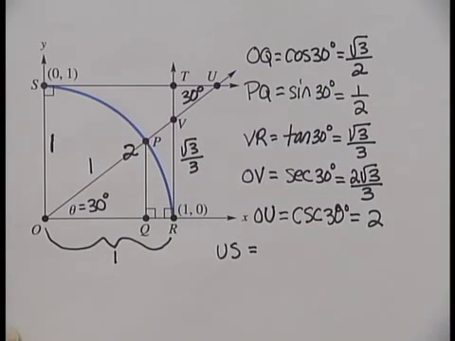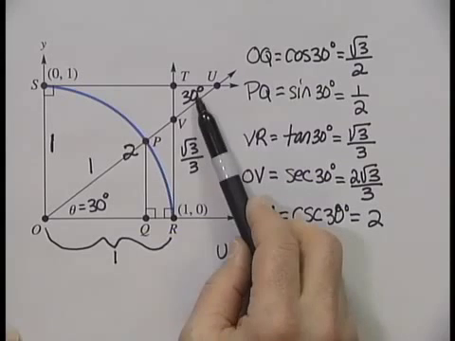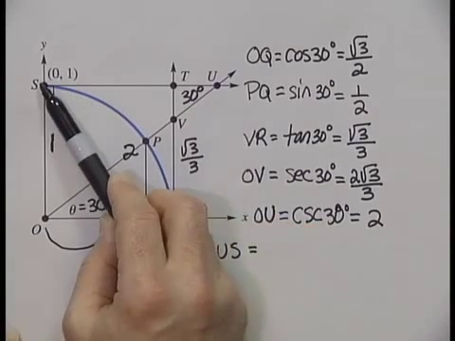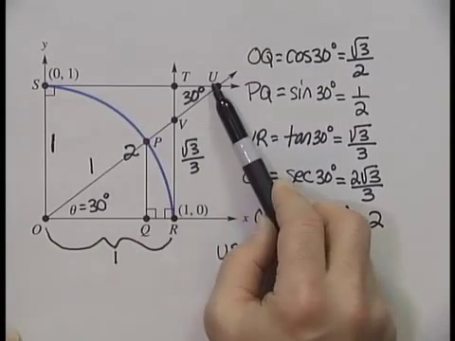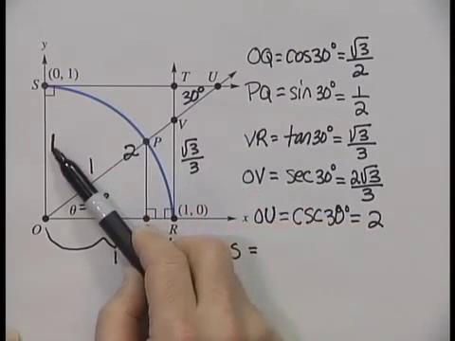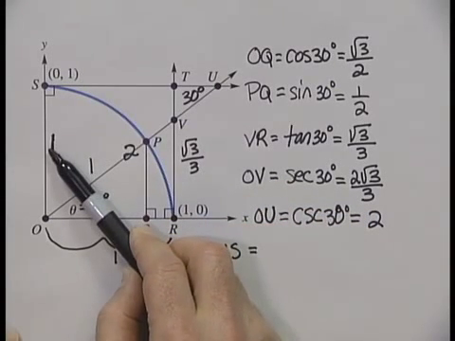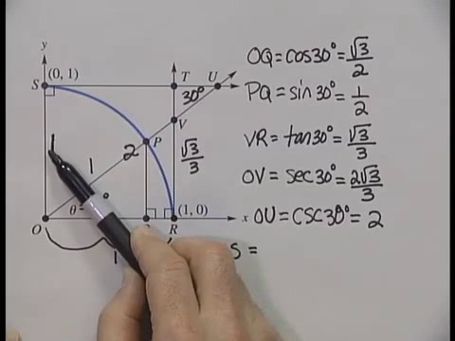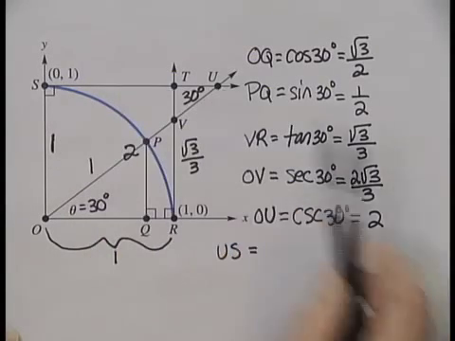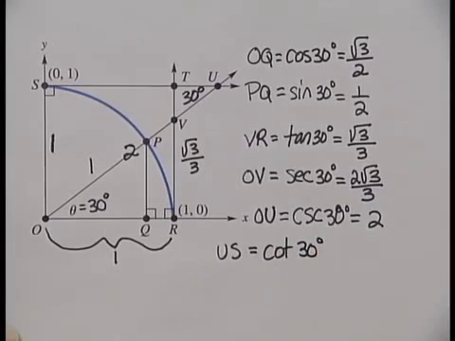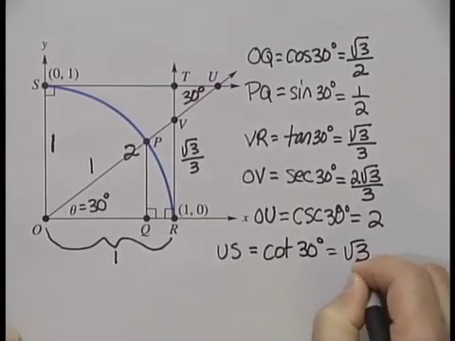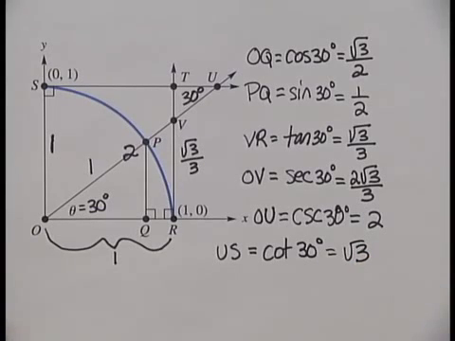Now we can use the cotangent of 30 to find this length, US, because the cotangent of 30 is the side adjacent, which is US, divided by the side opposite, which is 1. And so US divided by 1 would be US, so US is the cotangent of 30 degrees, and that's equal to the square root of 3. So we've now found each of those line segments exactly.